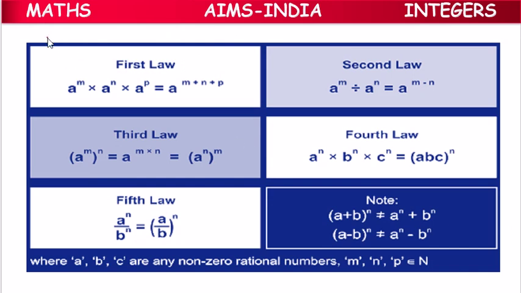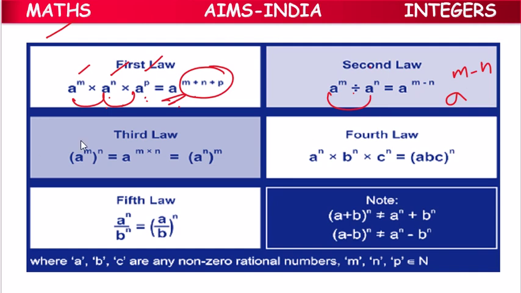So regarding the exponents of integers, we have some laws. A power m into a power n into a power p: bases are same, we can write one time, and powers we can add. That is first law. Second law, if the bases are same and we have division, base we can write one time, powers we can do the difference.